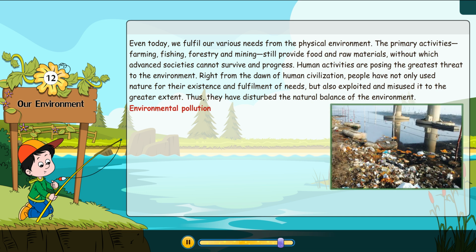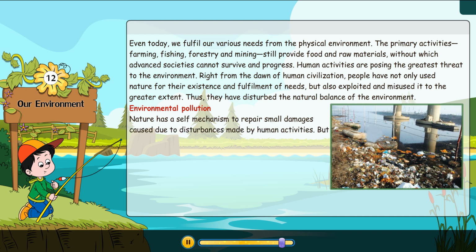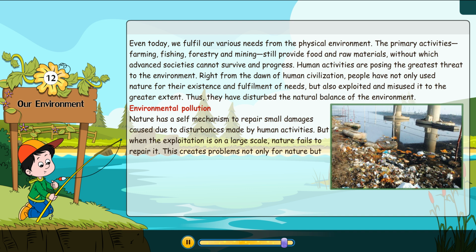Environmental pollution. Nature has a self-mechanism to repair small damages caused due to disturbances made by human activities. But when the exploitation is on a large scale, nature fails to repair it. This creates problems not only for nature, but also for humans.